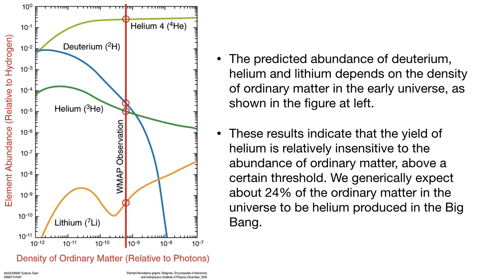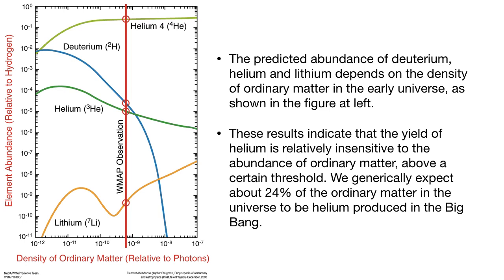So most of them would be hydrogen. Then helium is much more stable than deuterium, and therefore we expect to have more helium. Deuterium a little bit less, and then we have helium-3, which is less stable than helium-4.